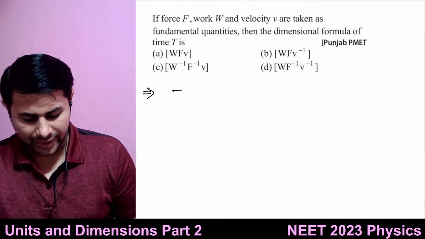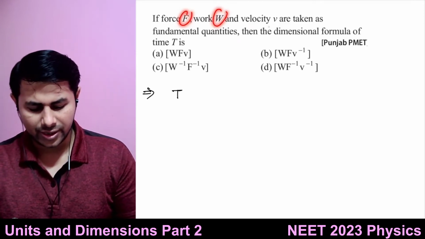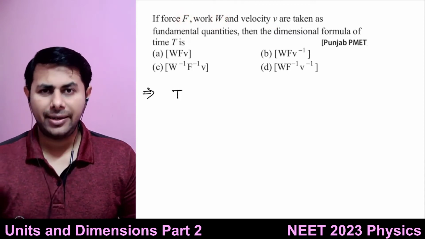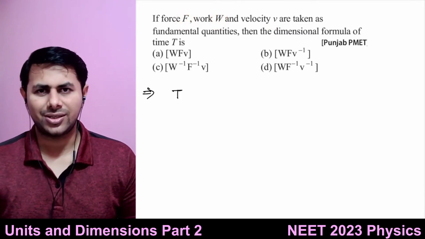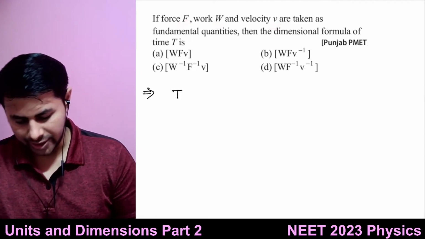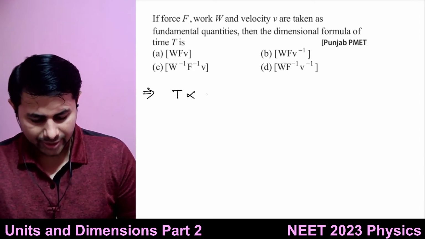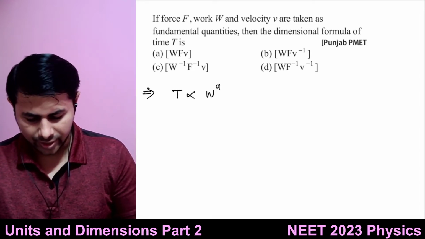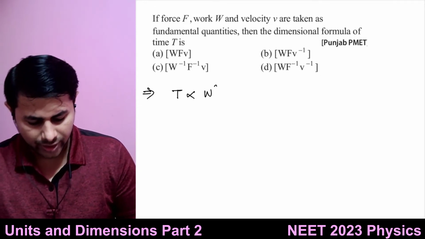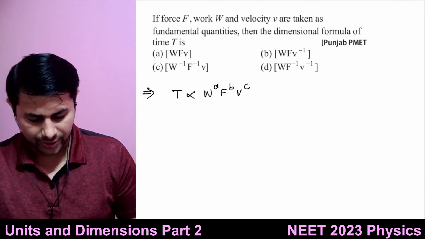So I want time and my fundamental quantities are force, work and velocity. It's given in the question that time depends on these three quantities. It depends on the force, work and velocity, but I don't know to what powers. So let's say it depends on work to the power A, since in all the options work is first, force to the power B and velocity to the power C.